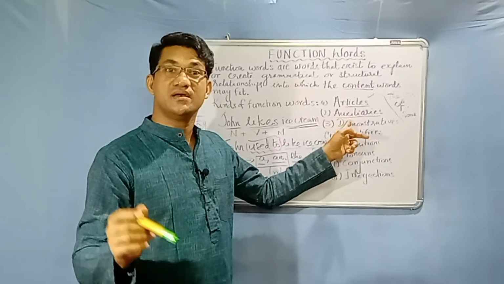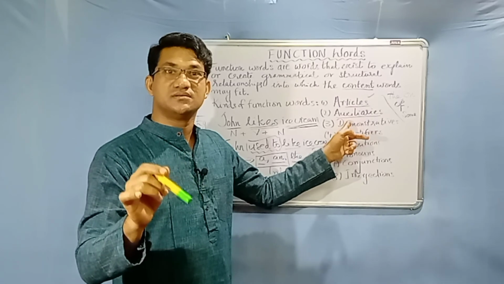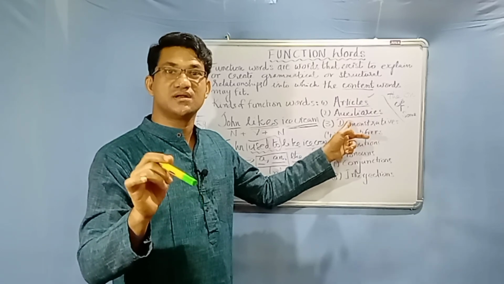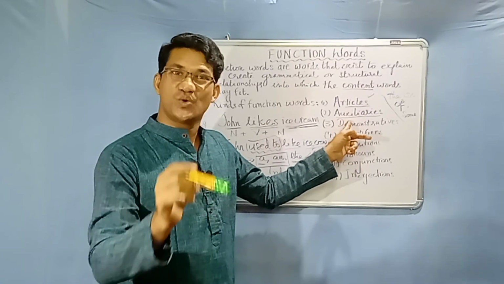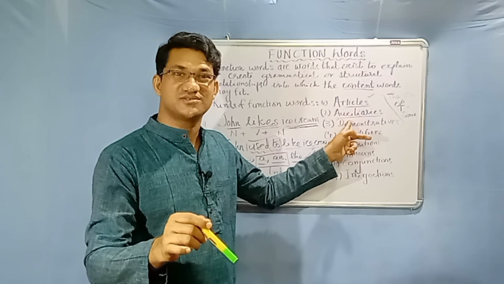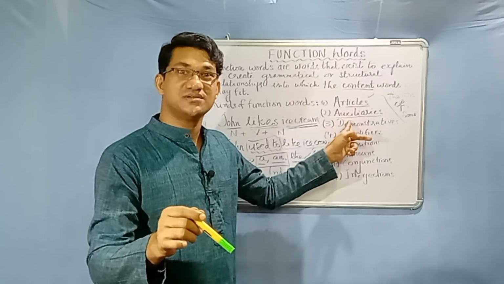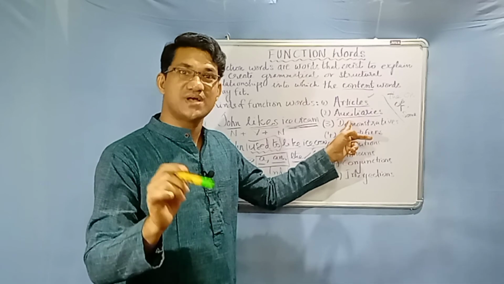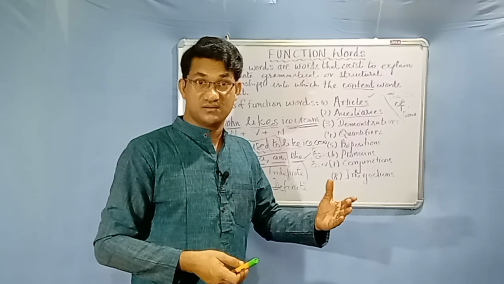We say the cat caught the rat. The rat was caught by the cat. John writes a letter. A letter is written by John. So such passive structures and future time: he will come next week.